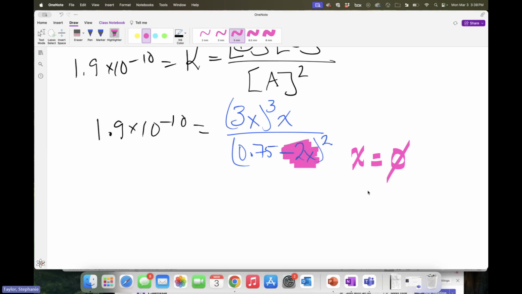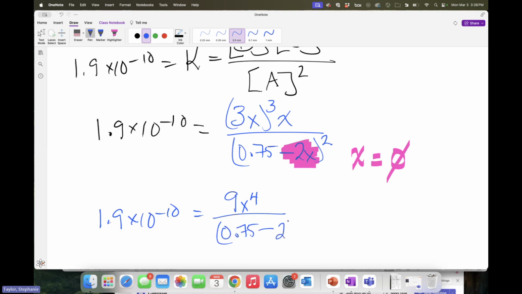So then when I rewrite everything, 1.9 times 10 to the negative 10 is equal to, I'm going to go ahead and factor this out, 9x to the fourth divided by 0.75 minus 2 times 0.